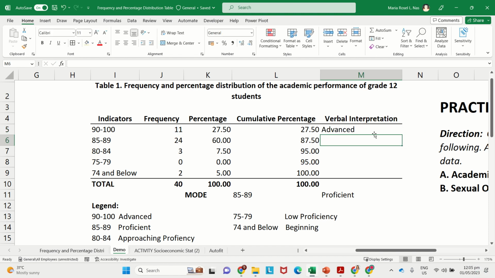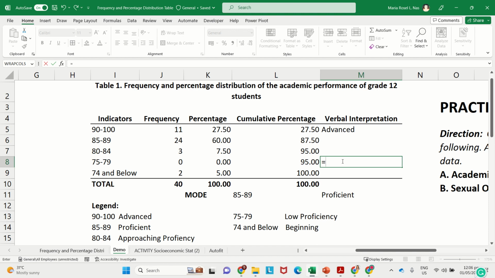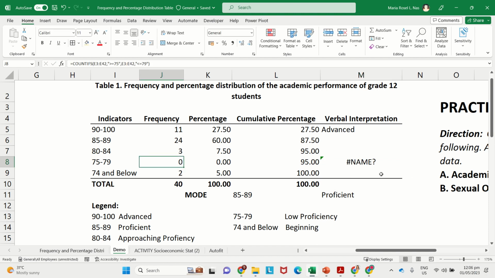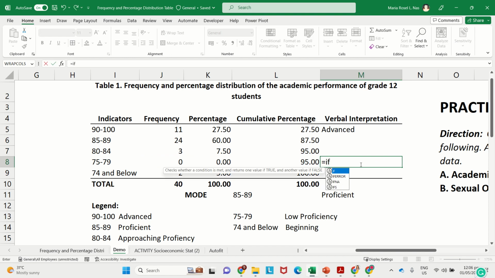So let's say, for example, we create the function for 75 to 79. So equal sign, if our frequency, which is cell J8, is greater than 0, then the value should be low proficiency.